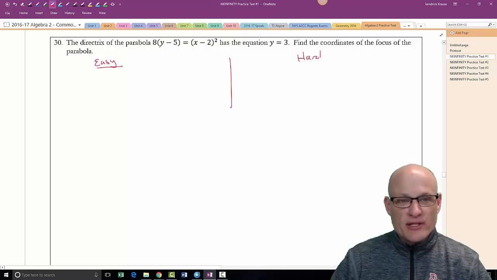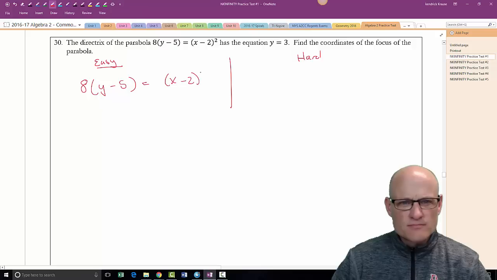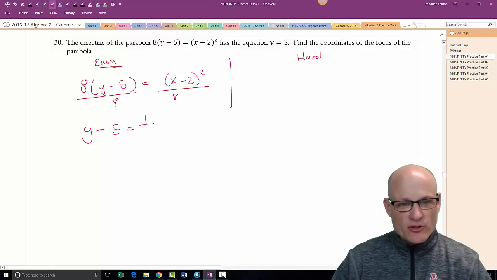So the easy way is to simply start with this, 8y minus 5. My goal is to get y by itself. So what I can do is divide both sides by 8. So I end up with y minus 5 is equal to 1/8 (x minus 2) squared.